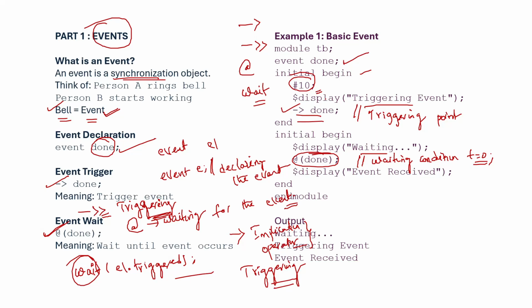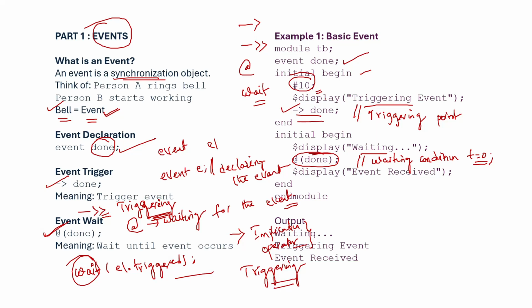Otherwise, you never catch the event. So the event is used for synchronization purposes. Before triggering, you need to stay in the wait condition. The wait is at t equal to 0 time, and the triggering will happen at some other time. Even if the delay is 100 seconds, no issue because I am waiting there only. I will never miss my event. So that is the synchronization.